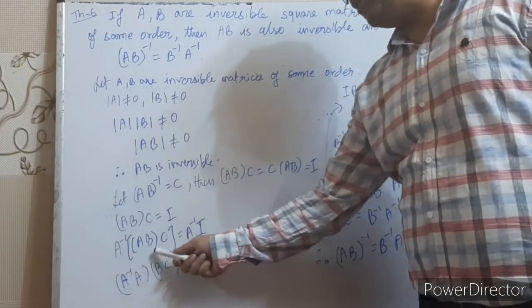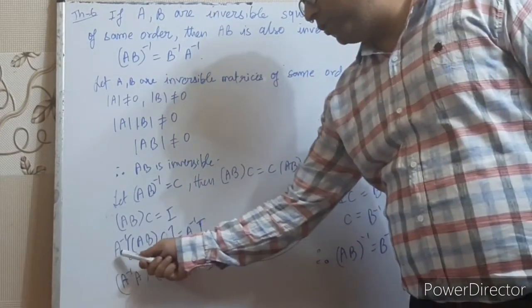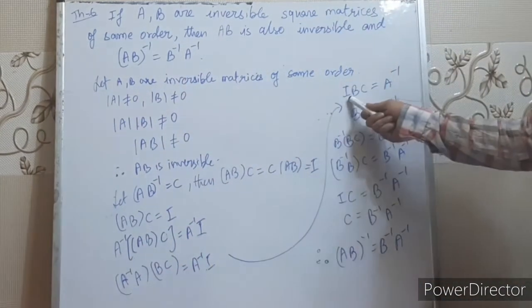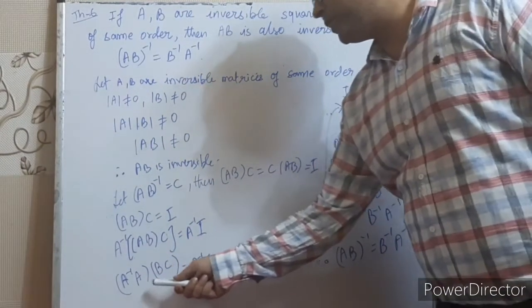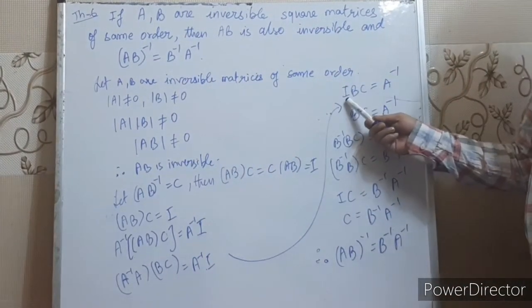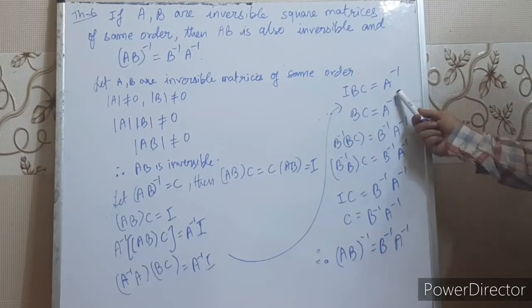A inverse into ABC equals A inverse into identity matrix. You can see that A inverse into A will be identity matrix. So A inverse A into BC equals A inverse into I. So this will be identity matrix into BC equals A inverse, right?